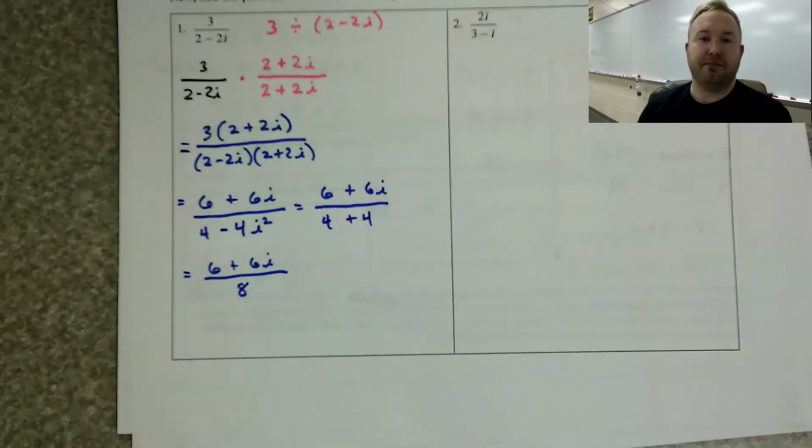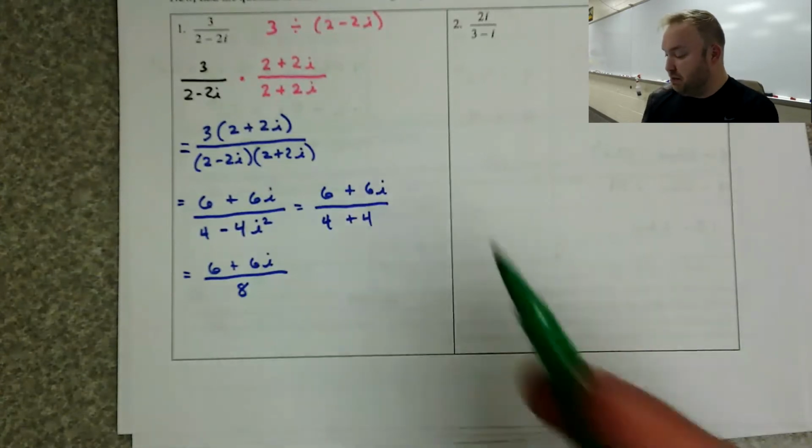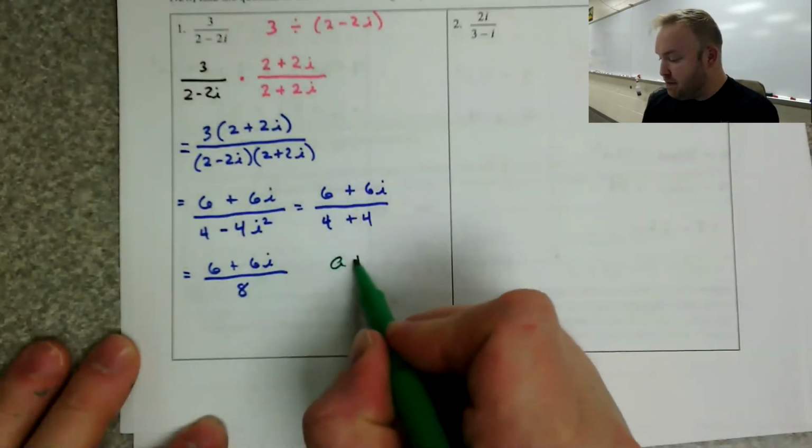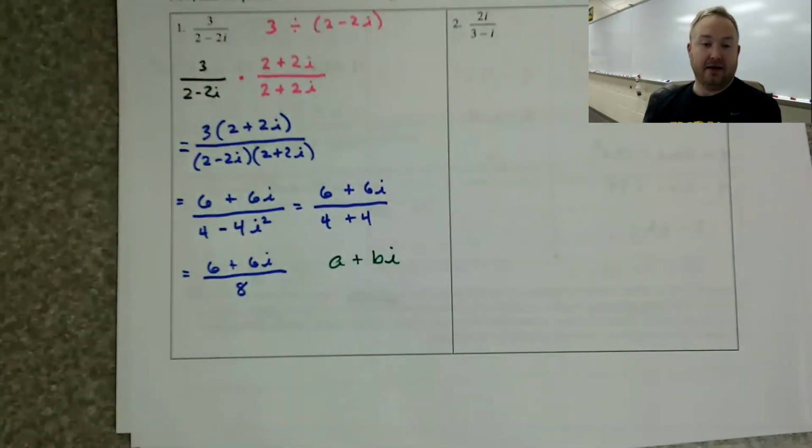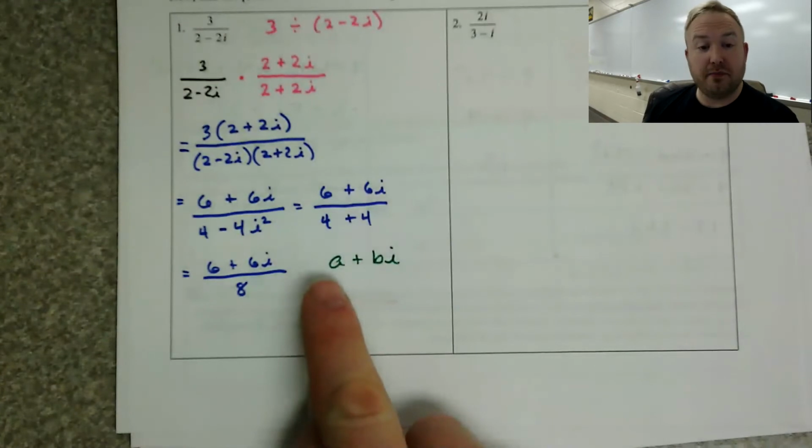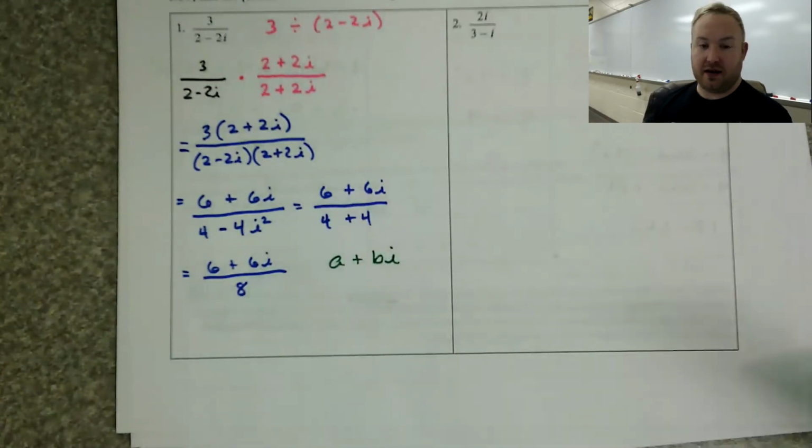Now this next step is one that we're going to go into a little bit more discussion about in class. I'm going to shorten it since this is a video. I want my final answer to be in that form, a plus bi. I'm not there yet. I need to have a real number plus an imaginary number.